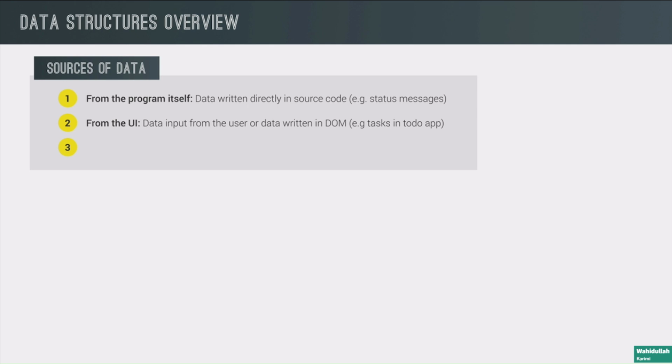It can either be data that the user inputs into some form or data that's already written somehow in the DOM. For example, this can be the user's tasks in a to-do app or expenses in a budget app or anything like that. Finally, data can come from external sources, which is usually a web API.